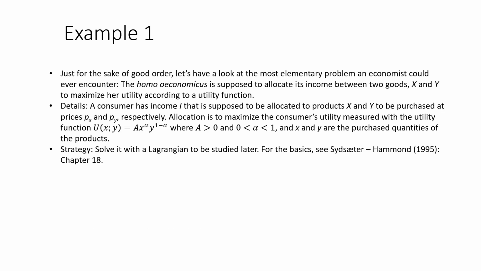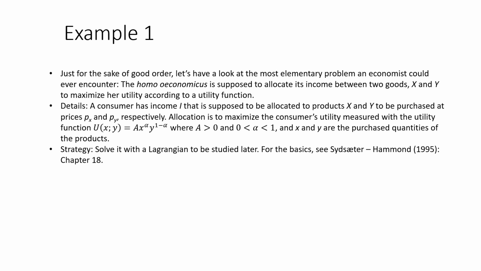And after this quick introduction to the problem we study in this course, let's go over the examples. Example 1 is the simplest case an economist or a student of economics can find and can solve.